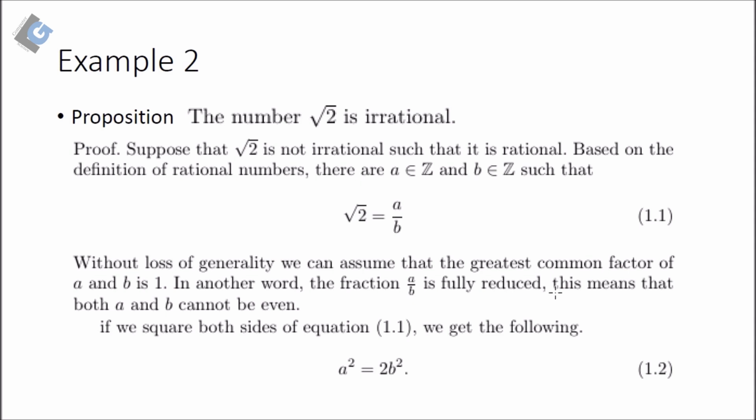So based on the definition of a rational number, that means that there are 2 natural numbers or integers A and B, such that square root of 2 can be represented by the fraction A divided by B. So without loss of generality, we assume that the greatest common factor for A and B is 1.